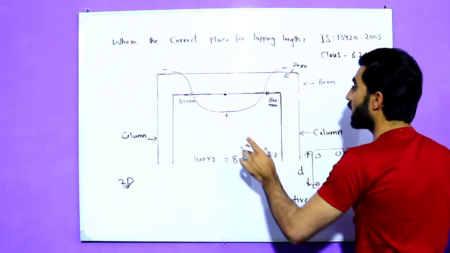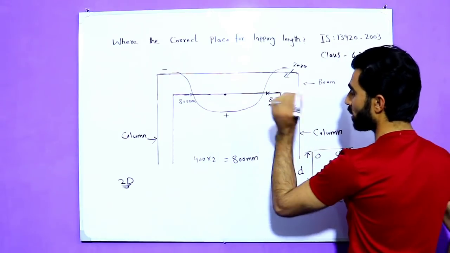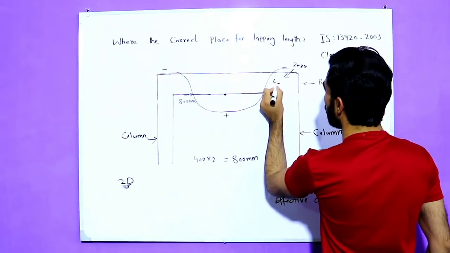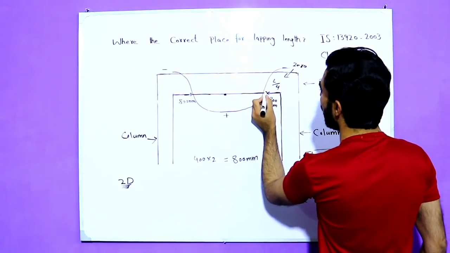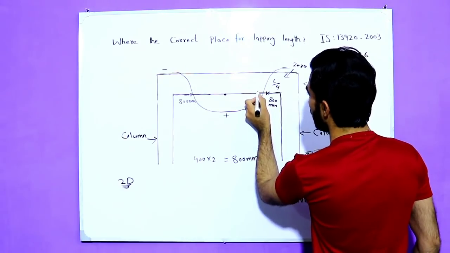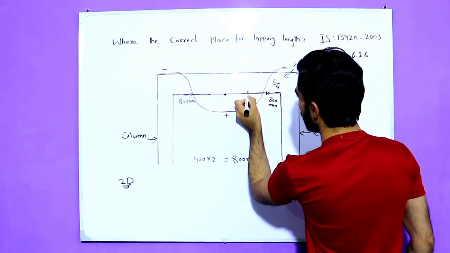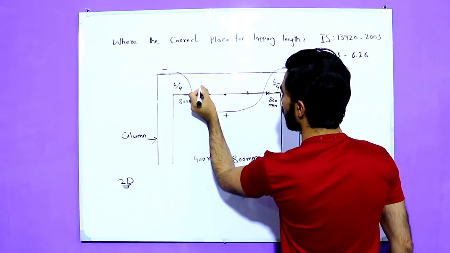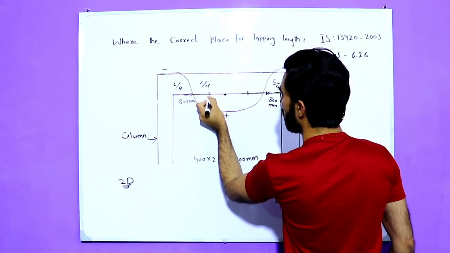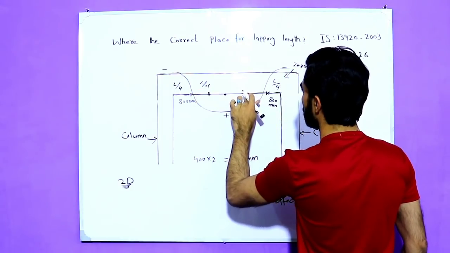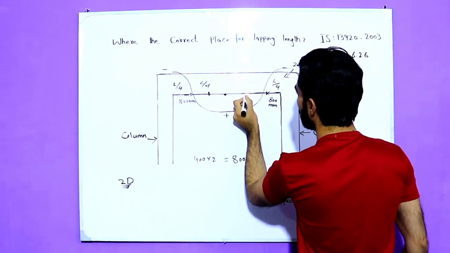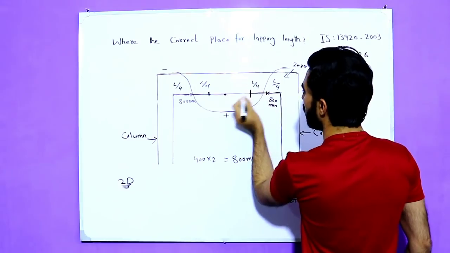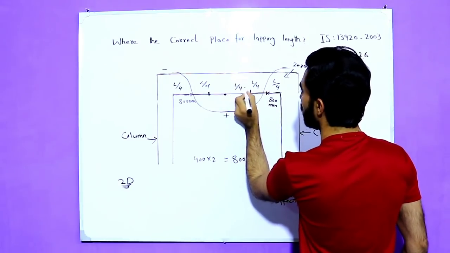Okay, so here guys you can see, so where is the correct place? So we can take L by 4. Okay, so L by 4, for example, this one is L by 4, this is also L by 4, and this is also L by 4.